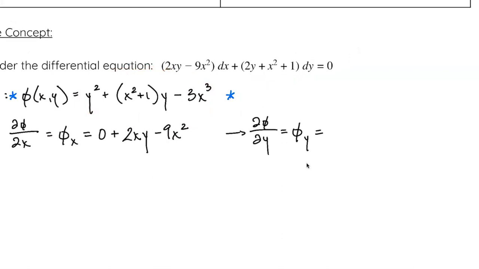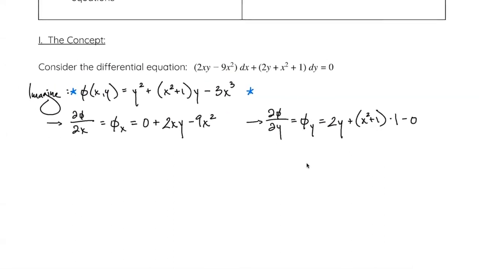So the derivative of y squared is 2y plus, we'll have a constant multiple here, x squared plus 1 is the constant times 1, because the derivative of y is 1. And then finally, negative 3x cubed, if I take a derivative with respect to y, is going to be minus 0. Okay.